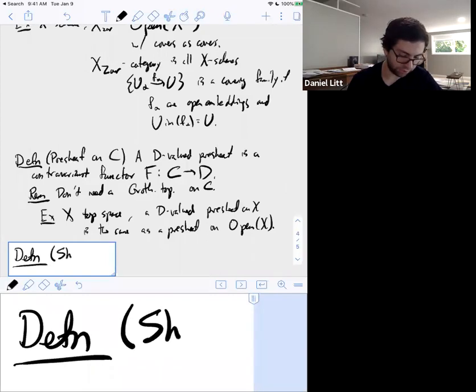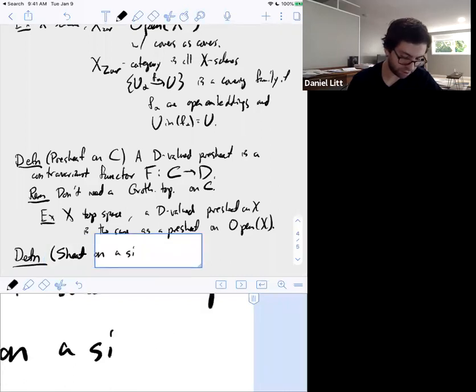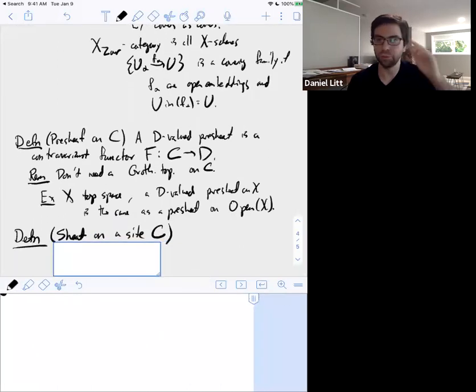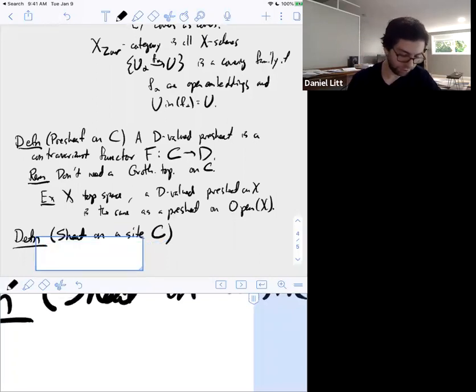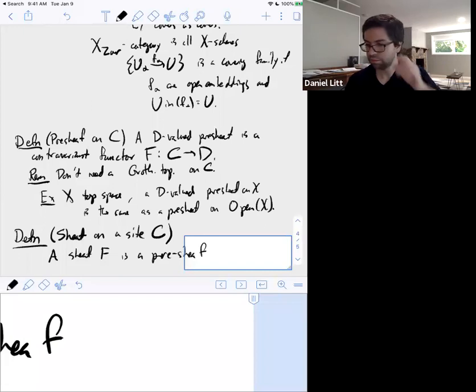So this is a sheaf on a site now. Let me just remind you, a site was a category with a Zariski topology, so it has the extra data of some covering families. So what's a sheaf? A sheaf F is a pre-sheaf such that the following holds.